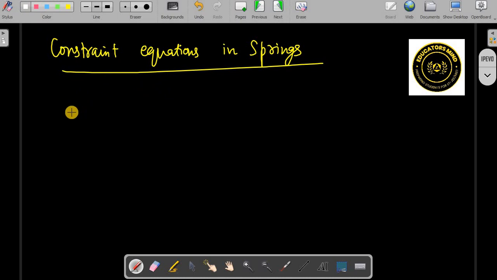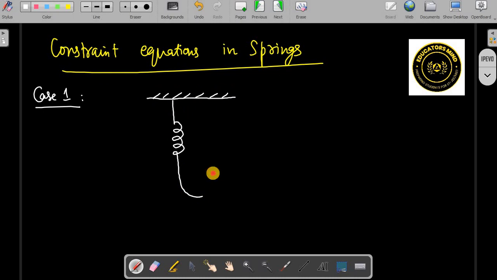Let's take some case studies. Take case 1. Suppose there is a spring like this. This spring is passing through a pulley, and then it is passing through another pulley, and this is fixed here, and then it is connected like this.